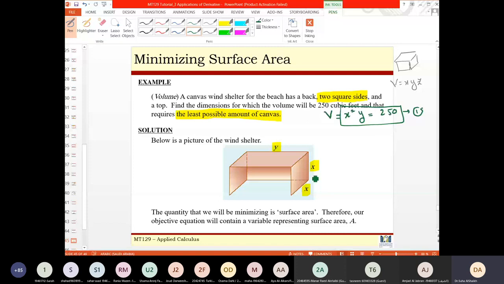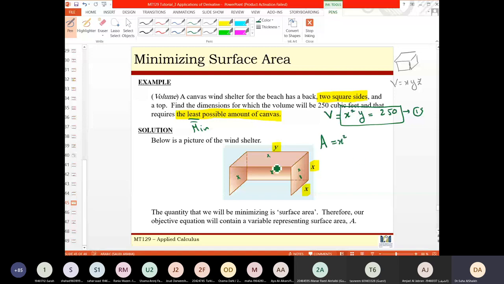I'm talking about the least, meaning the minimum amount of canvas. What does canvas mean? It is the lining, the covering. So I'm talking about the areas of all the sides that I have. The amount of canvas, they call it A, is equal to the two sides, the back, and the top as well. If I line it from the inside, I have 2 sides, a back, and a top. The first side is x times x, which is x square.